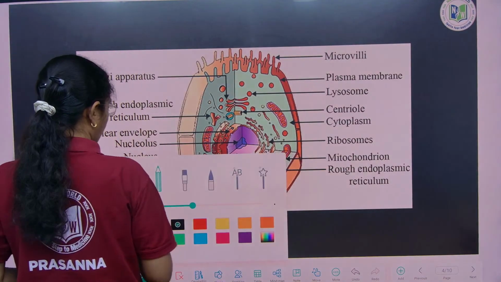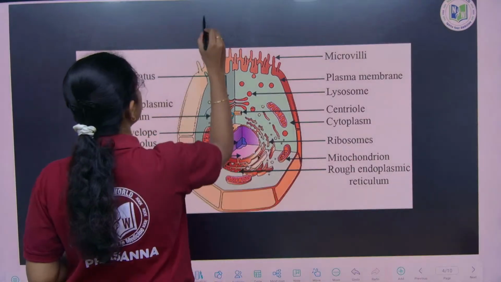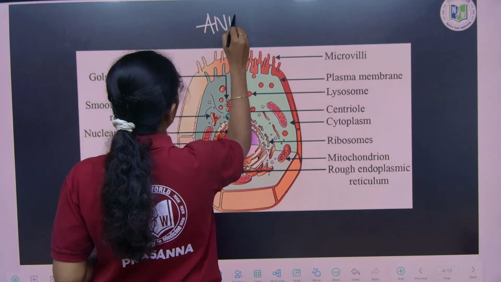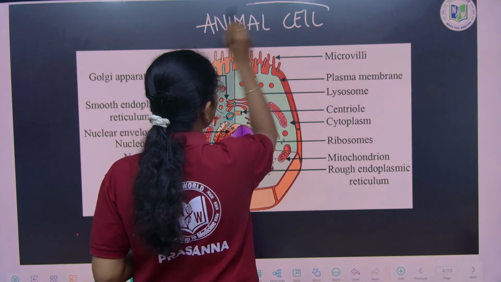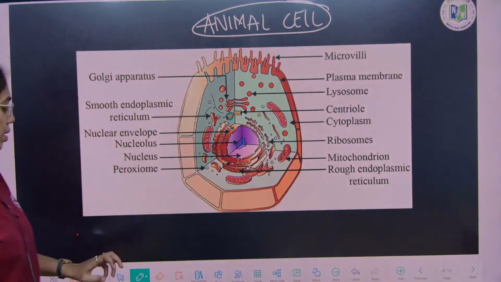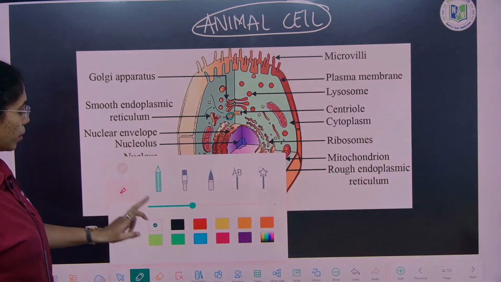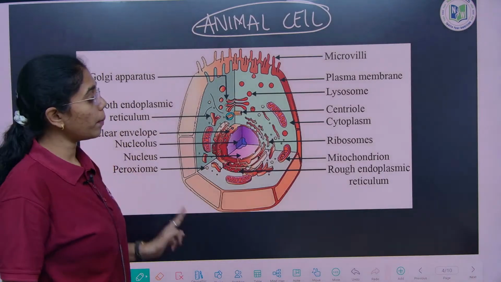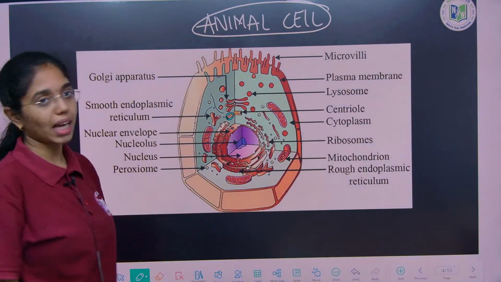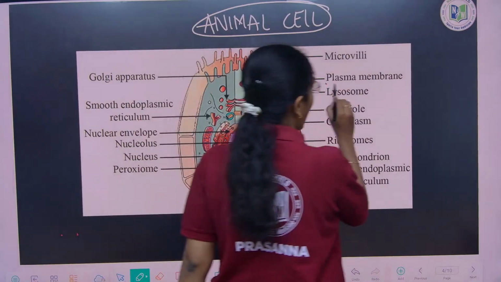Next, about an animal cell. There are just a few minute changes; the rest is the same as the plant cell. If you recall carefully, the outermost membrane is the plasma membrane only; the cell wall is absent.